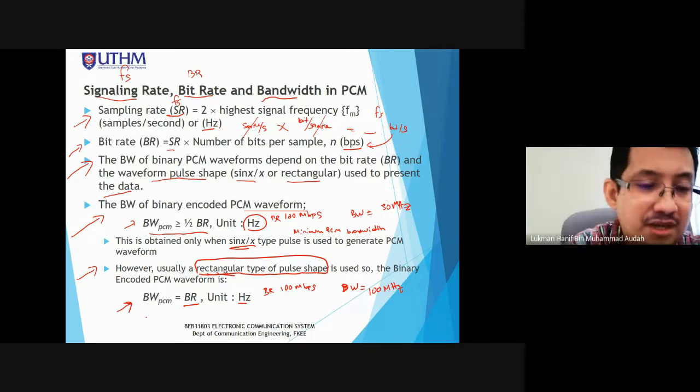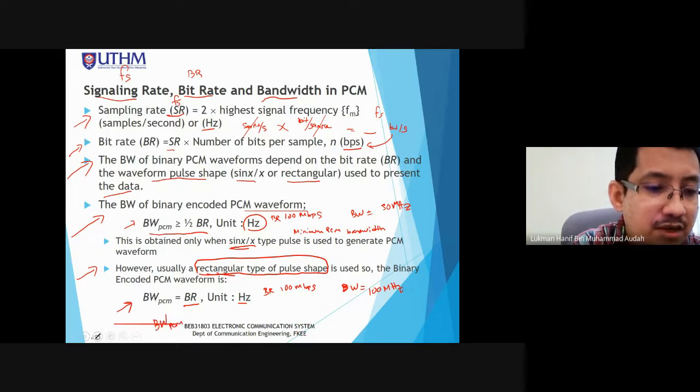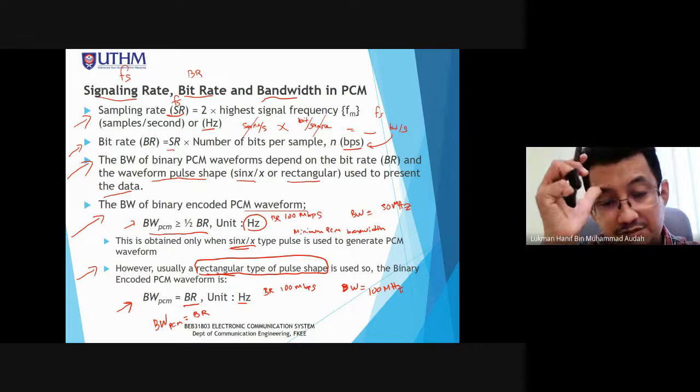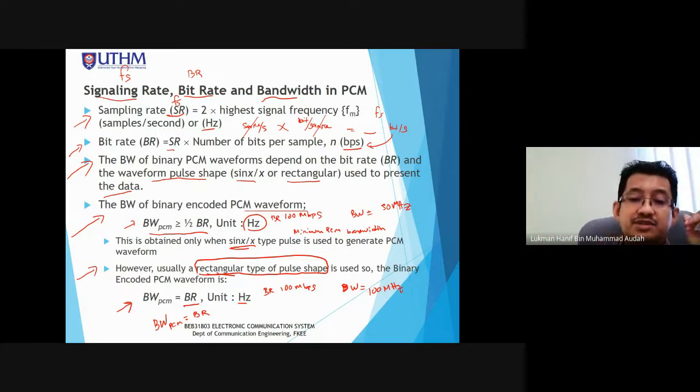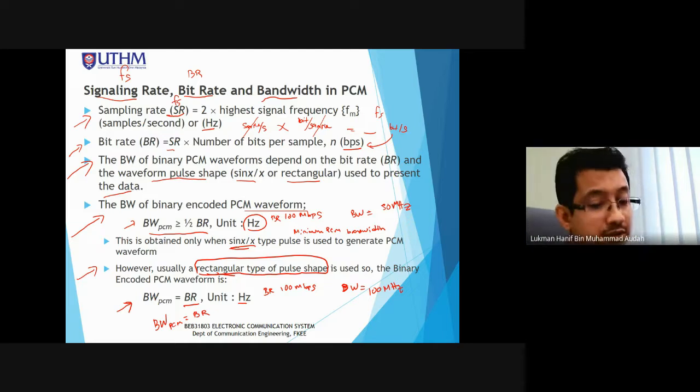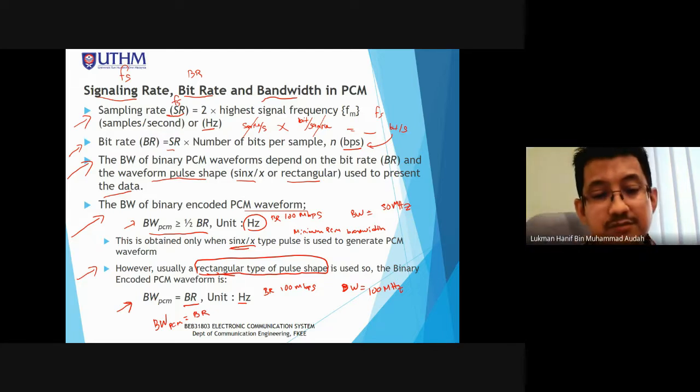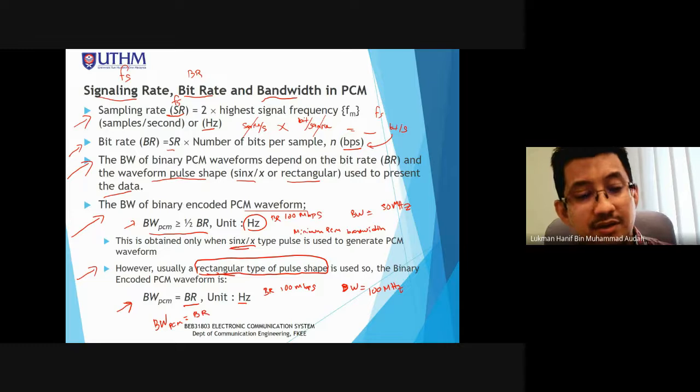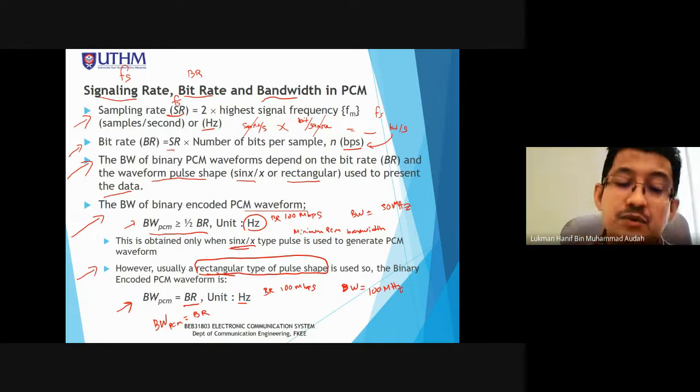So dalam kebanyakan literature books, most of the time it is equal to bitrate. Ini biasalah. So tak perlu confuse, tak perlu confuse.